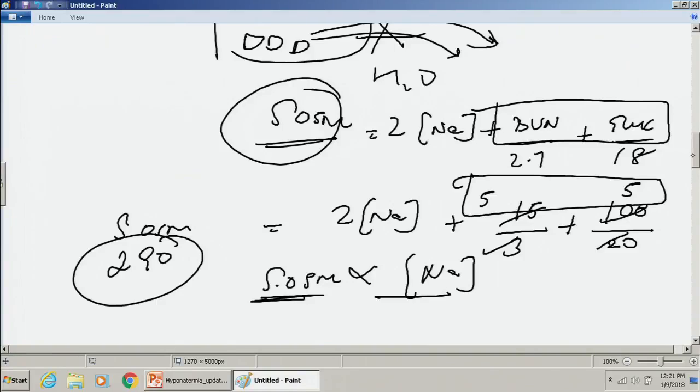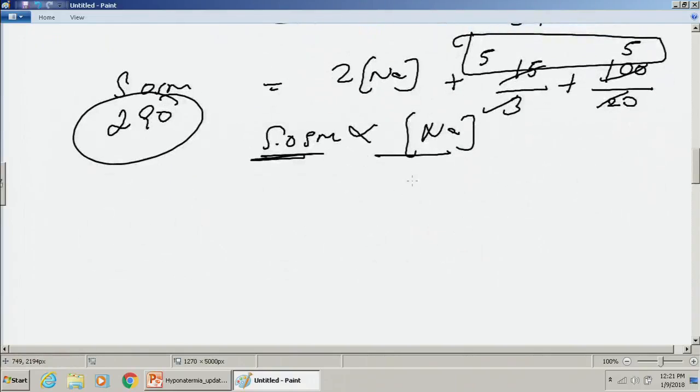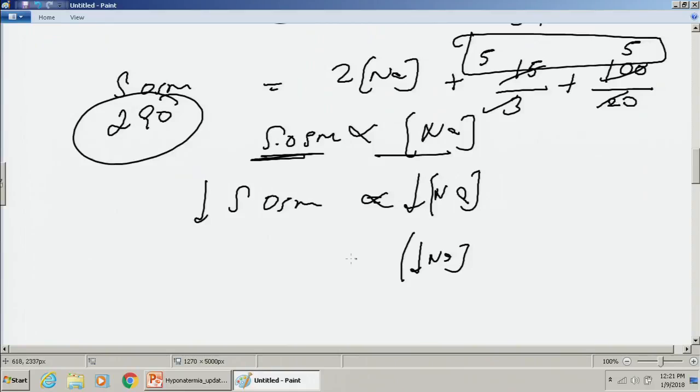Now, if the sodium concentration is low, we would expect serum osmolarity to be high or low? Low, right? And if the sodium concentration is low and my serum osmolarity is normal, would you believe this is true? Yes, no? No, right?